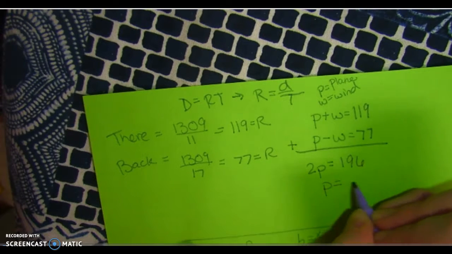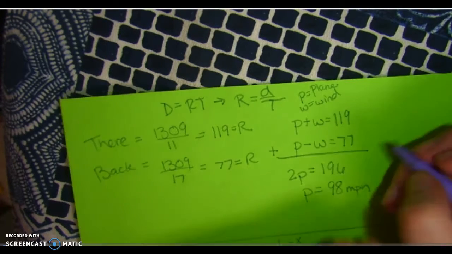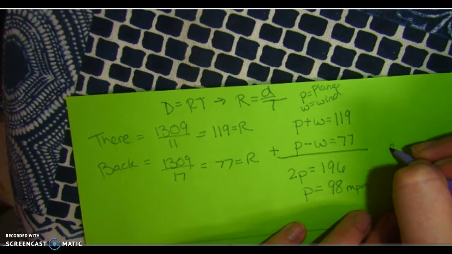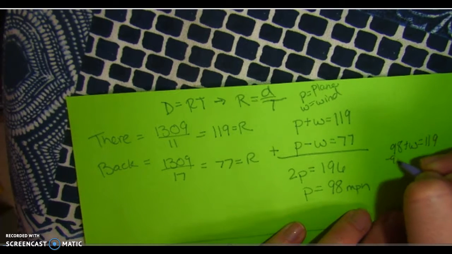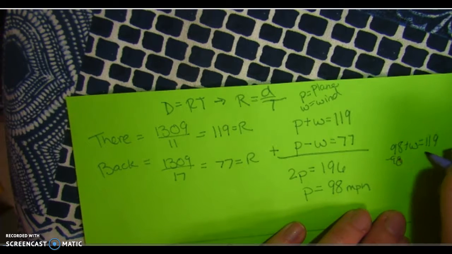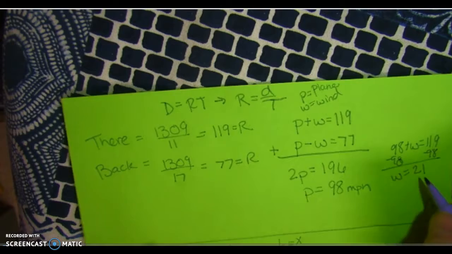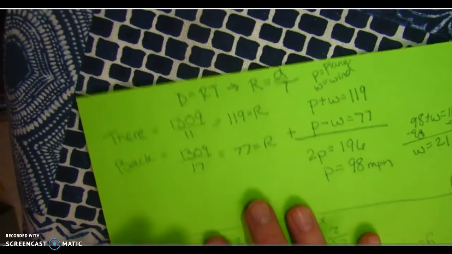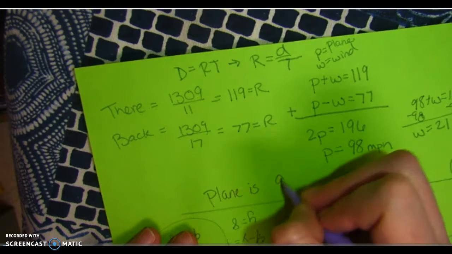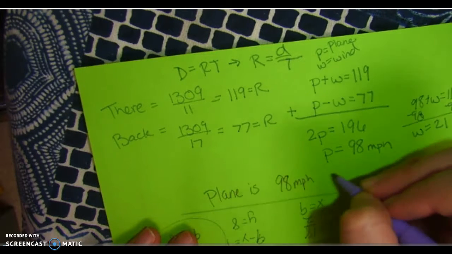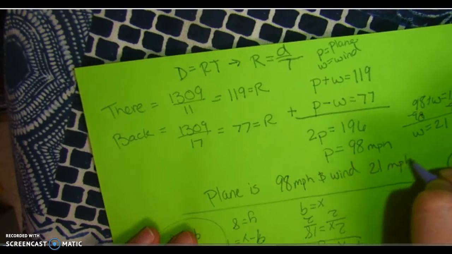So my plane is going to be 98 miles per hour. And then I'm going to plug that into 98 plus W equals 119, so W is 119 minus 98. And the wind would be 21. So finally I know my plane speed is 98 miles per hour, and the wind is 21 miles per hour.